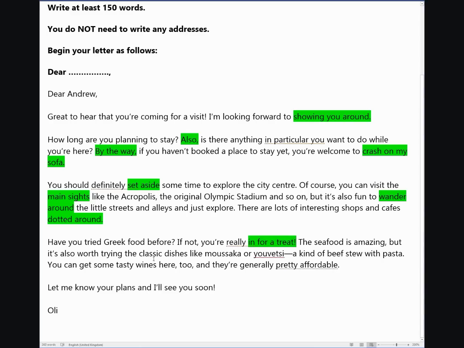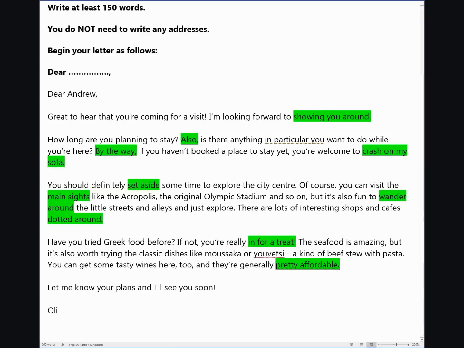So, yeah, something like this. It would be easy to say they're generally pretty cheap. If you use a word like affordable, that fits the tone of this letter. It's not too formal or too academic for a letter to a friend, but it's also a less common word than cheap. So that's a good fit.